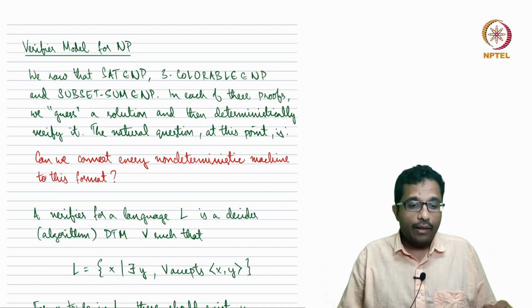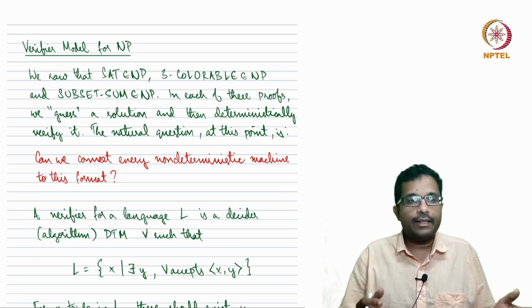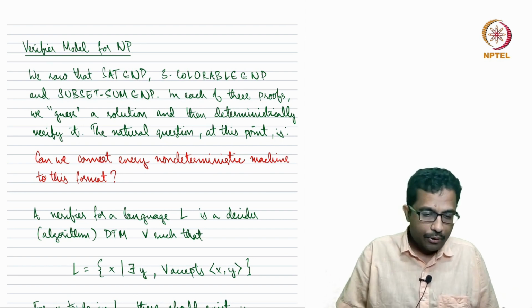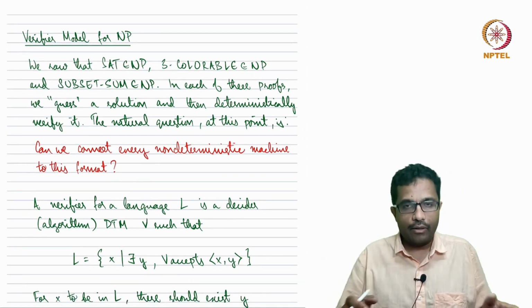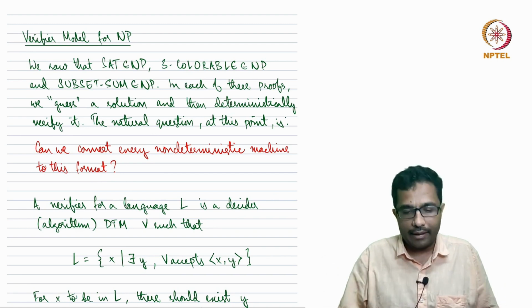In case of subset sum, we guessed a subset of the given set and checked the sum of the given subset. And in 3-colorability, we non-deterministically came up with a 3 coloring and checked whether this is a proper 3 coloring.